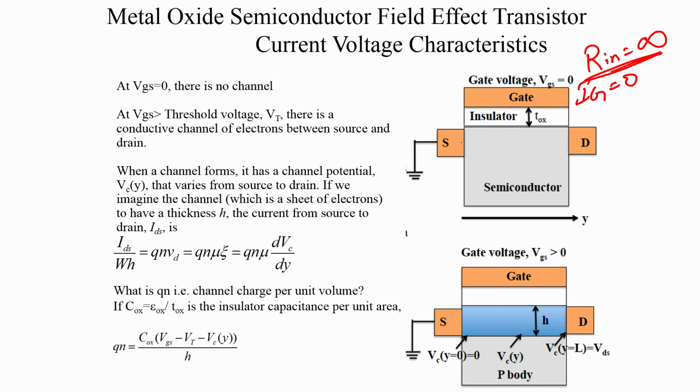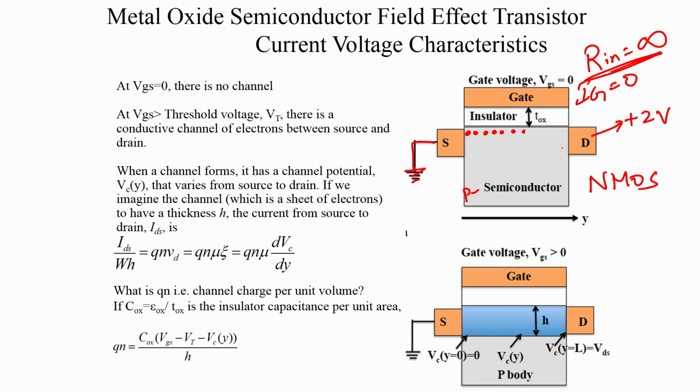Now, what we are trying to look at is the drain to source current. If you are talking about an N channel device, or an NMOS, you have a P type semiconductor and you have electrons there, and the drain is going to be at a higher potential, let us say 2 volts with respect to the source.